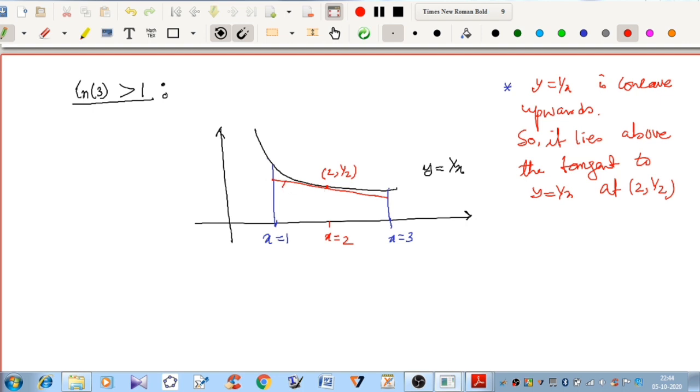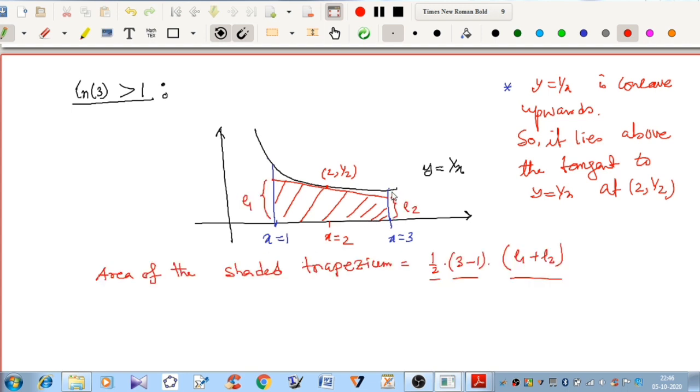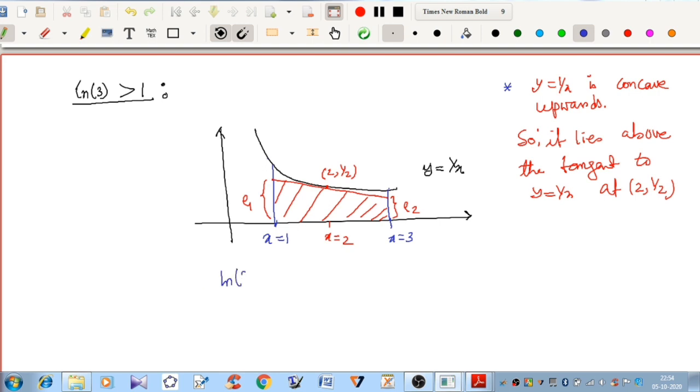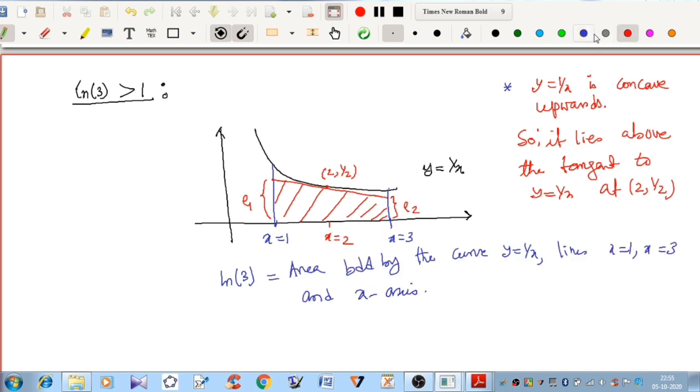Now we consider the area of the trapezium shaded in red. Log 3 is the area bounded by the curve y equal to 1 by x, the lines x equal to 1, x equal to 3 and the x-axis.